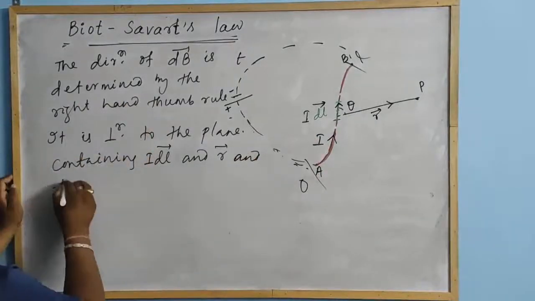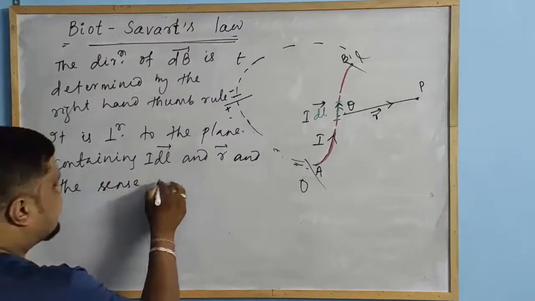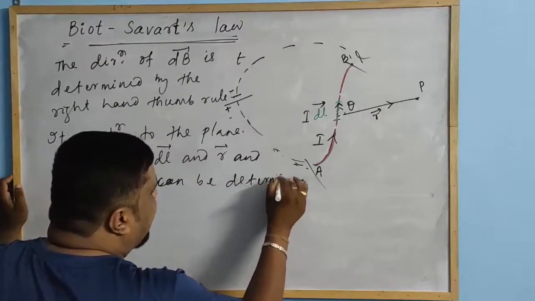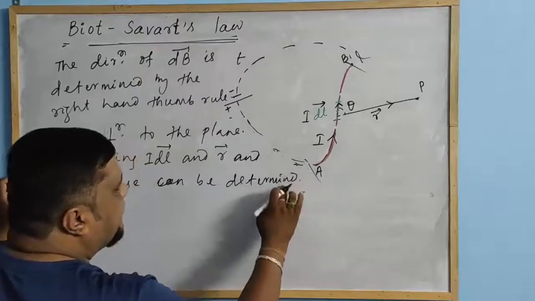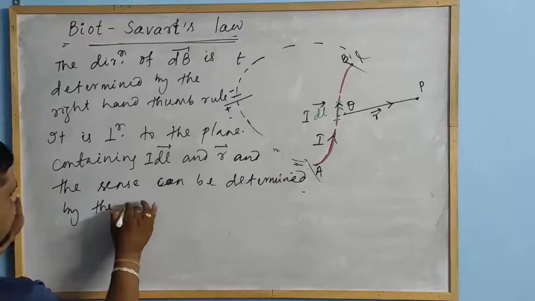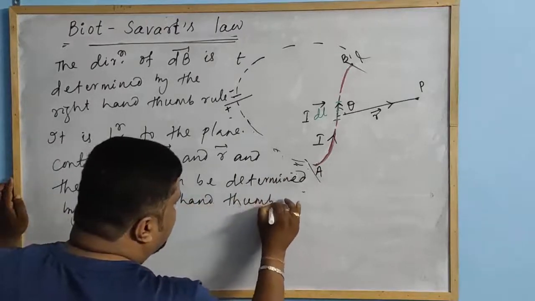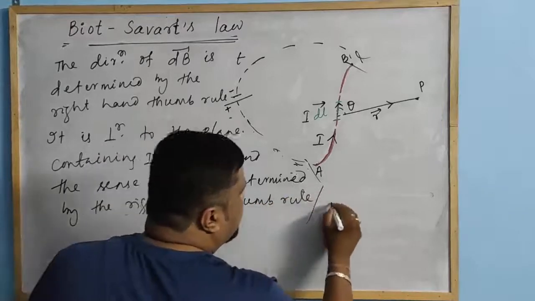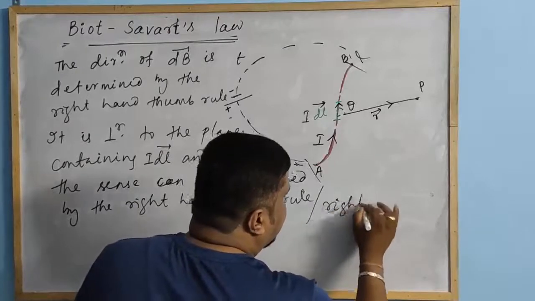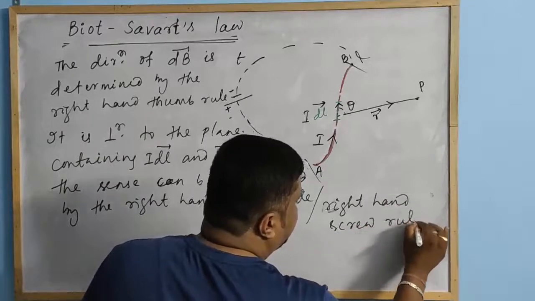And the sense, meaning whether it is inward or outward, can be determined by the right hand thumb rule or right hand screw rule.